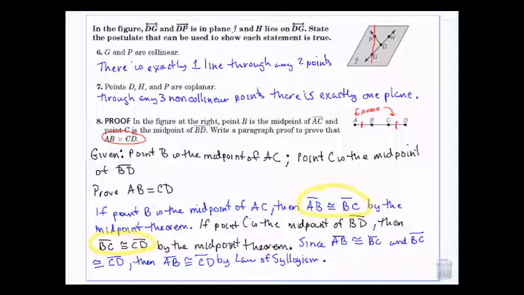So our last sentence is since AB is congruent to CD, that makes AB equal to CD by definition of congruence. And we've proven it.